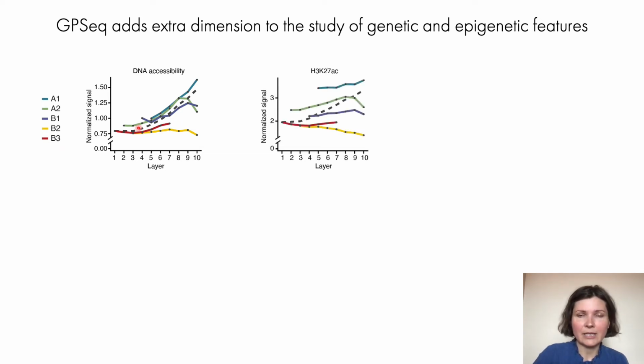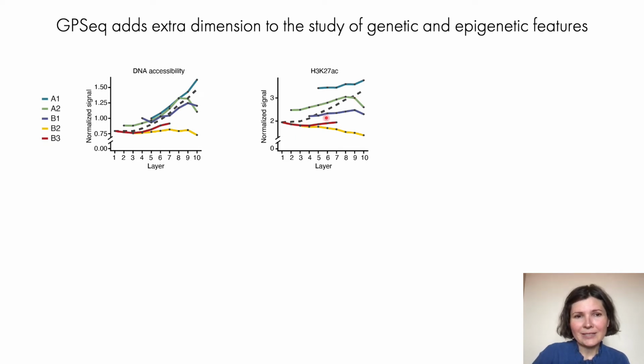Looking at various epigenetic features along the radius in different subcompartments, we really got the impression that these radial profiles change a lot from one subcompartment to another. For instance, looking at H3K27 acetylation, again, as expected, genome-wide, with this dashed line, you can see it increases towards the center.